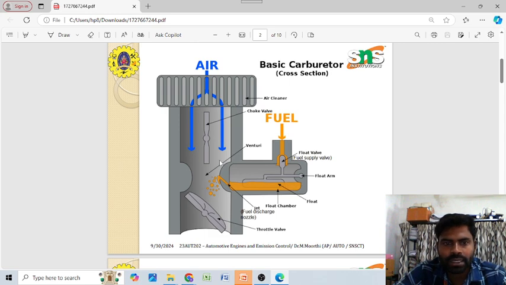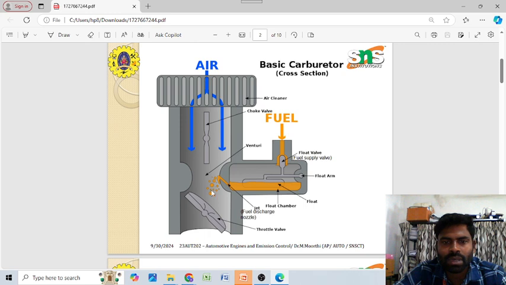fuel, and at the same time the air also enters the carburetor, and the air and fuel are mixed in the proper, required ratio and supplied into the combustion chamber.